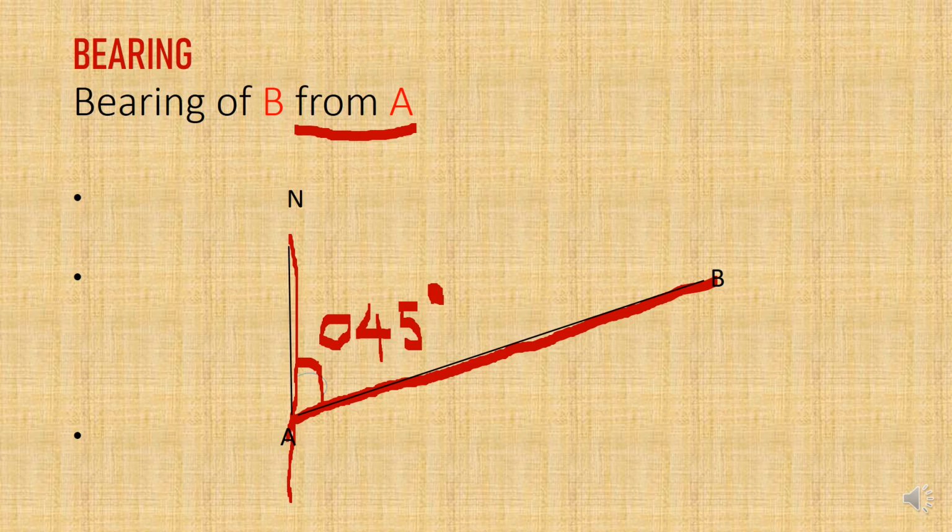The noise is going to confuse you, because now that you have produced this line to here, it means now you have 3 angles. So you begin to confuse yourself. Which angle is required? The angle which is required here is the angle starting from the north line in a clockwise direction up until we join the 2 places in question. Right, let's jump into another example.